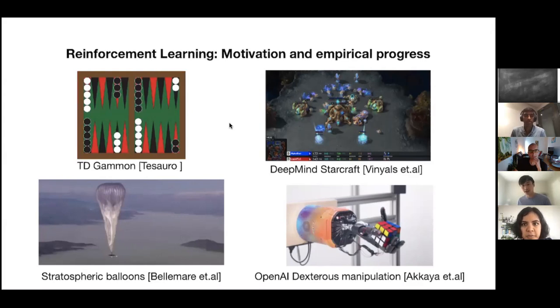More impressively, we have been using reinforcement learning to solve real-world problems, such as the bottom 2 listed in this slide. The first one is balloon navigation, and the second one is robotic dexterous manipulation. There are good applications for reinforcement learning, and I think this is good motivation for us to spend time and effort to study it.